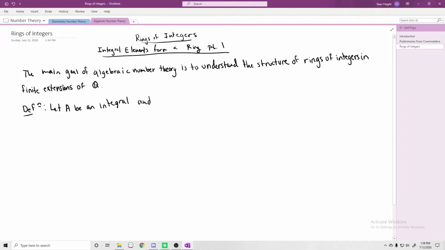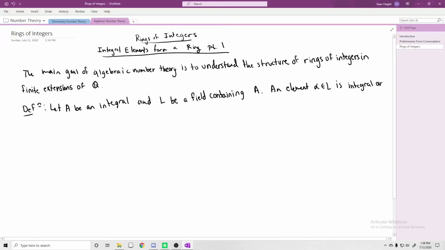And I'm just going to let L be any field containing A. An element alpha is said to be integral over A if there exists a monic polynomial, so this monic is kind of key in this setting.